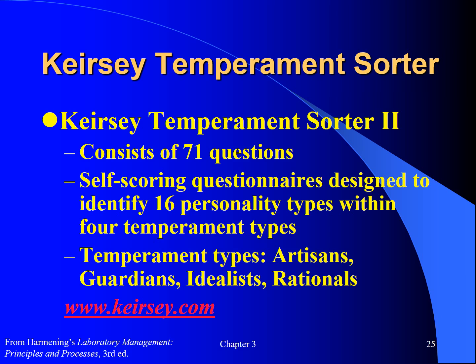Keirsey's questionnaires, called the Keirsey Temperament Sorter 2, are self-scoring questionnaires designed to identify 16 combinations of 4 temperament types. Following the Myers-Briggs model, Keirsey elected to label each of the temperament types with a combination of letters to describe elements of personality traits represented in the 4 basic types.